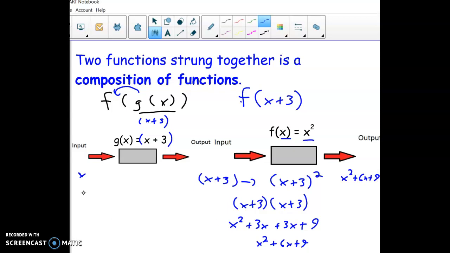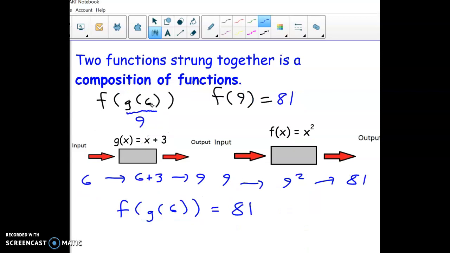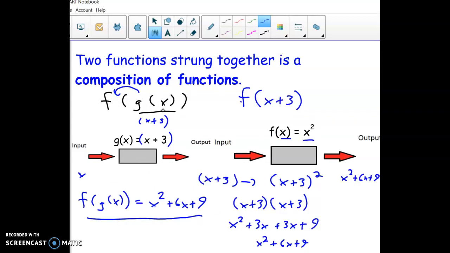Okay, so the way we write this is we say f of g of x is equal to x squared plus 6x plus 9. So when we pass the g function into the f function, we get that as our output. Okay, so there's kind of roughly two types of questions. The easier ones are where they give you an input number and you just find the overall output by doing the composition. And then this type says pass the whole function into the other function and see what the function looks like after that.